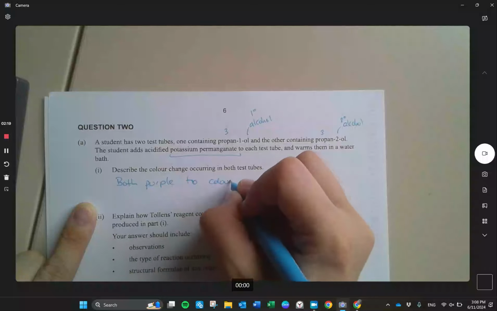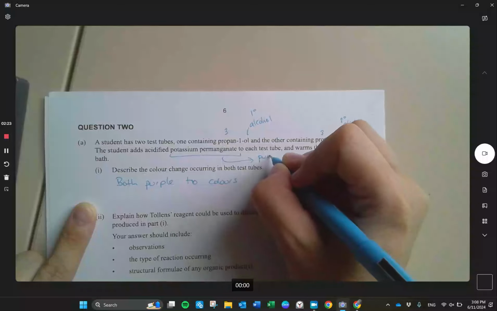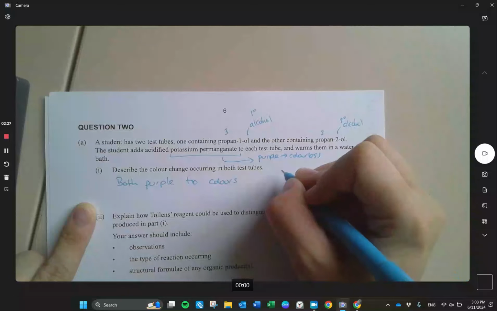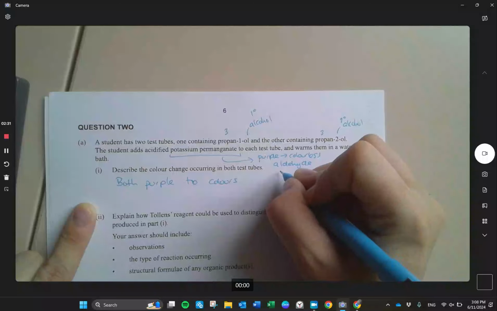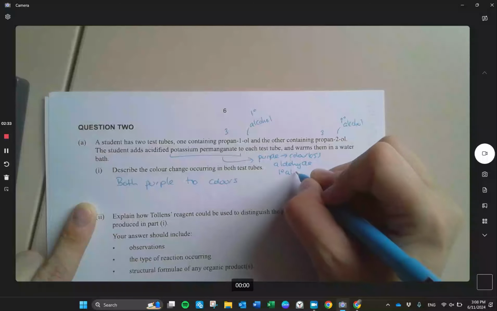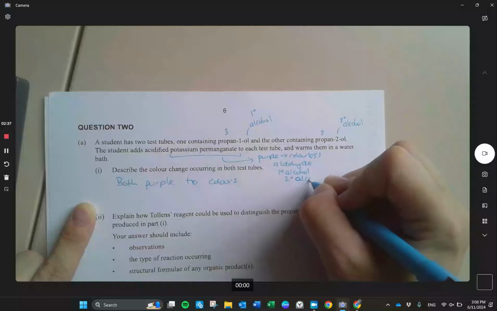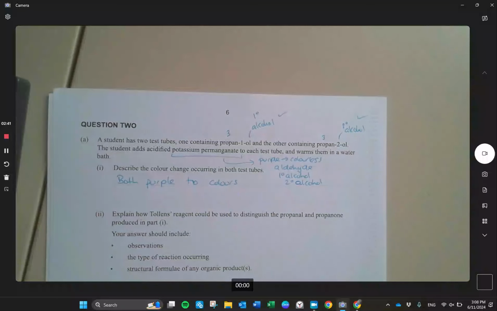Because we know potassium permanganate changes from purple to colorless if we have an aldehyde, a primary alcohol, or a secondary alcohol. And from what we've been told up here, they both fit those conditions. Okay?